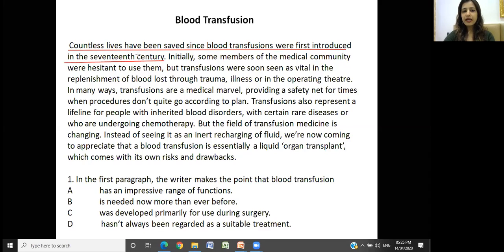Is this a fact or a topic sentence? It is fact. Yeah, so if it was a fact, wouldn't they give the numbers here instead of saying countless lives?